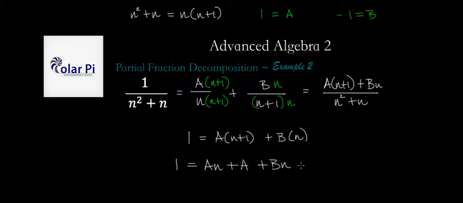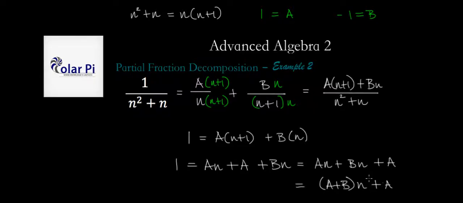And then if you collect like terms, you could write an plus bn and then plus a, right? Okay, cool. Furthermore, you can write that you have a plus b times n plus a.